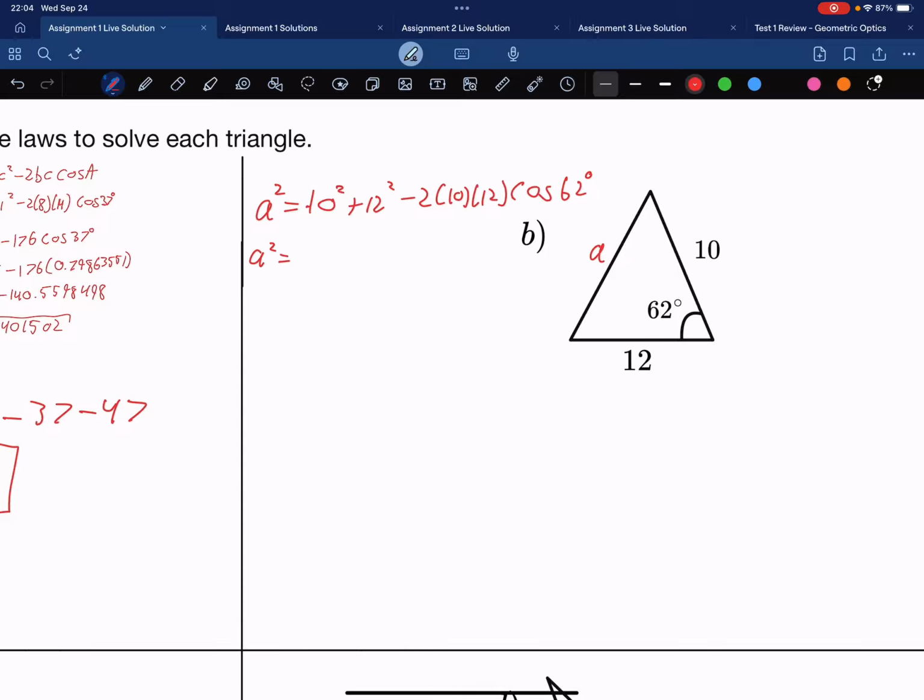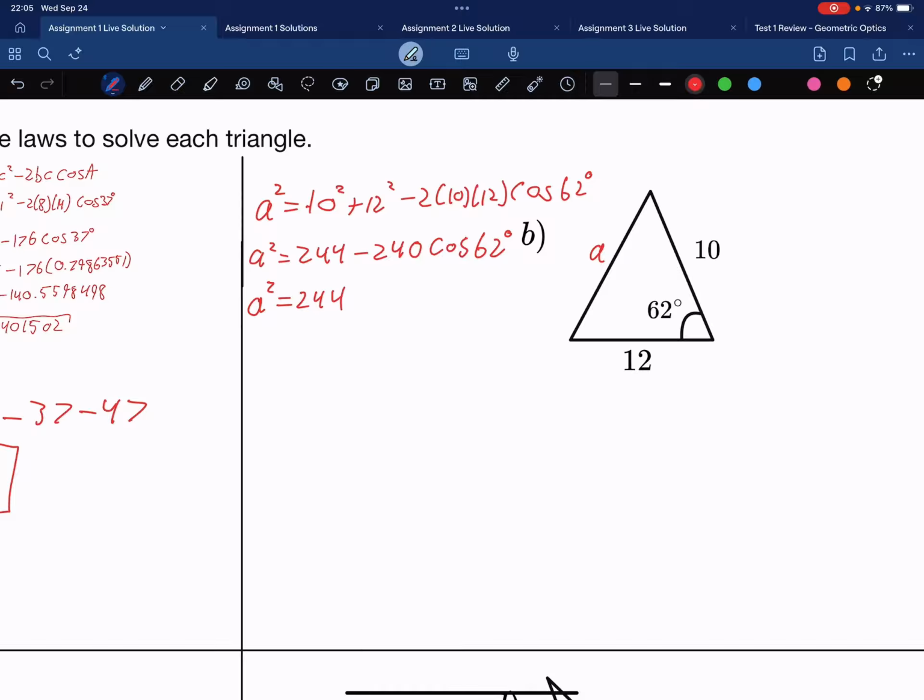So A squared equals, that's going to be 244, 144 from 12 squared, 100 from 10 squared, minus, that's going to be 120, so 240 times cosine 62 degrees. Now, this is not 244 minus 240. I saw a few people do that. This is 240 times cosine 62 degrees. So unfortunately, we cannot just do that subtraction. The multiplication must be done first.